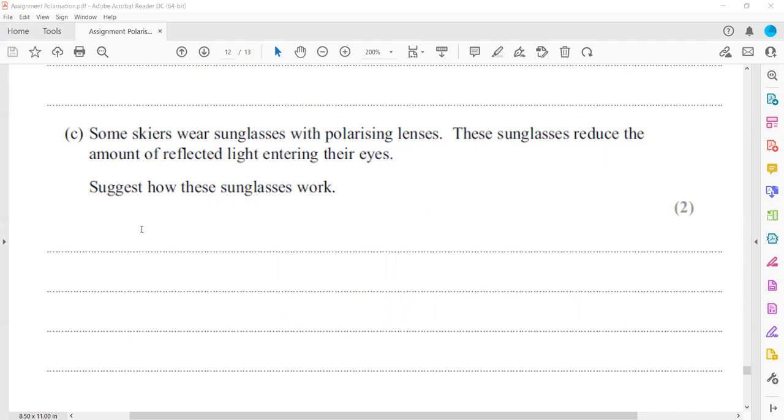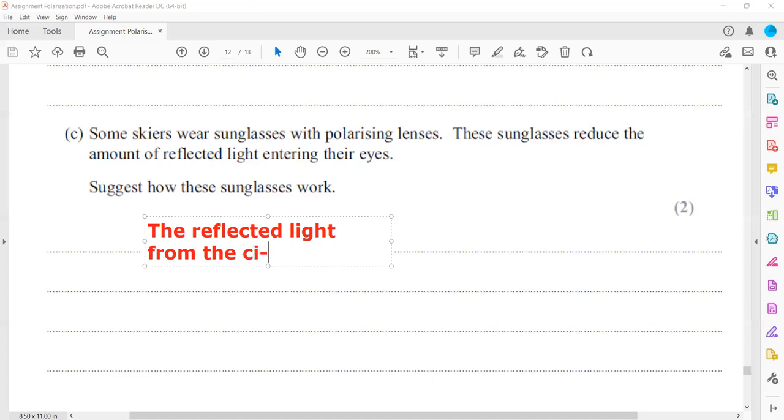So sunglasses, the reflected light from the ice is polarized. Then what will happen?